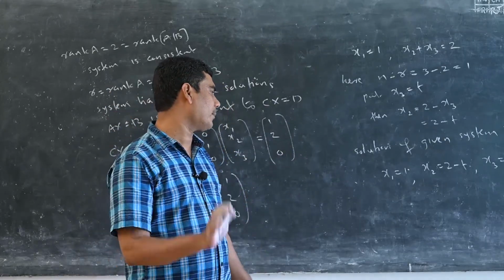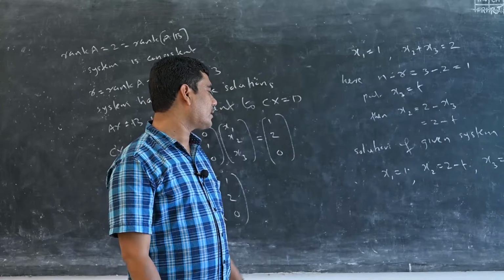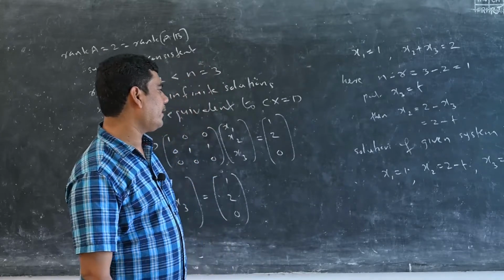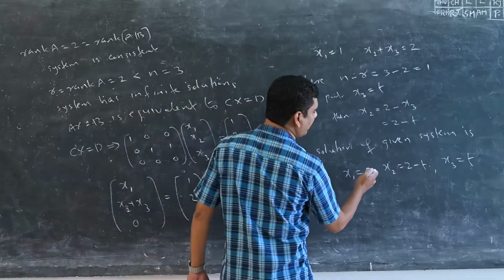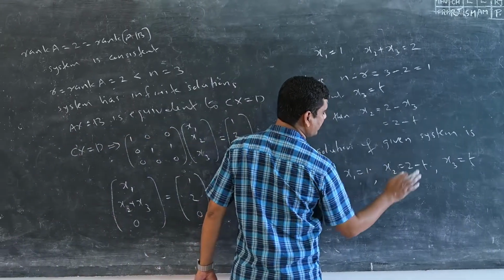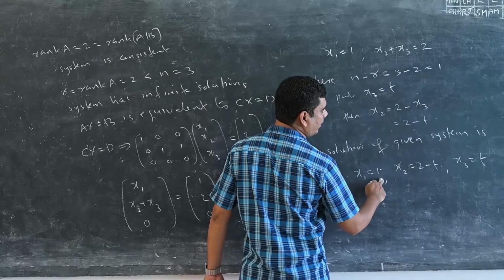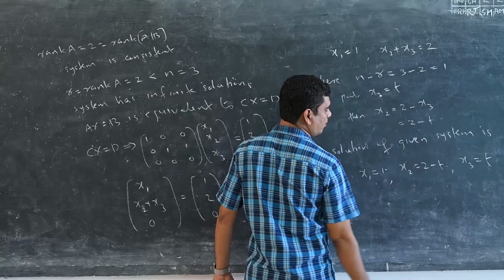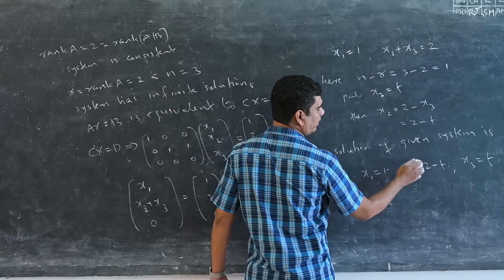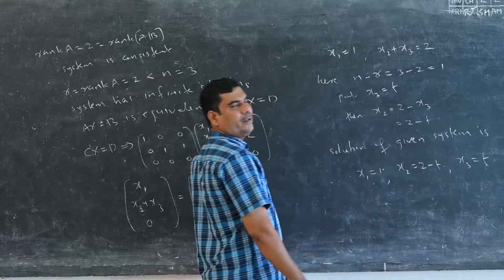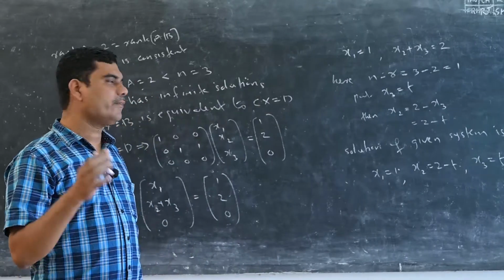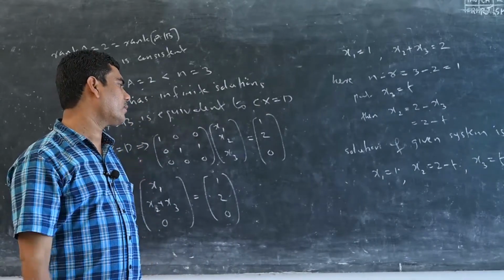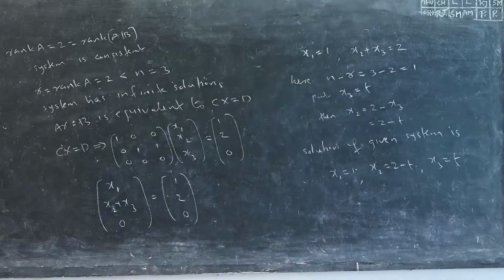If we give t equal to 0, then 1 2 0 is the solution. If t is 1, then 1 1 1 is the solution. If t is 2, then 1 0 2 is the solution. It need not be integers, we can give any real number. If we give any real number, then x1 x2 x3 are solutions of the given linear system.